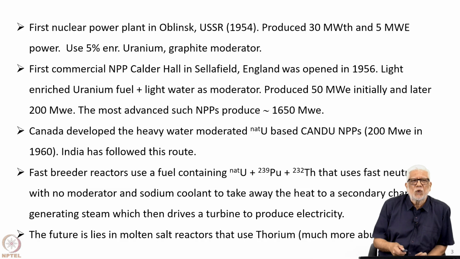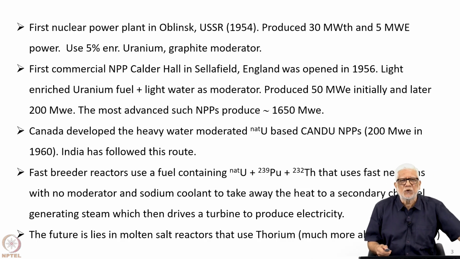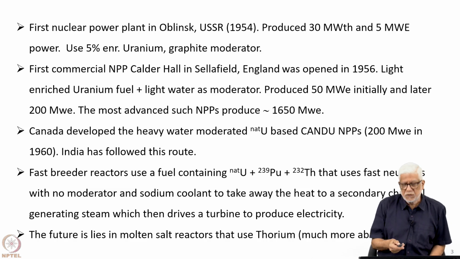It produced about 30 megawatt thermal and about 5 megawatt electrical power. This used about 5% enriched uranium. By enriched uranium, you mean uranium has, in natural state, 0.7% of U-235 and 99.3% of U-238. Now this 5% enrichment means 5% of U-235 and 95% of U-238. And of course, this first reactor used a graphite moderator.